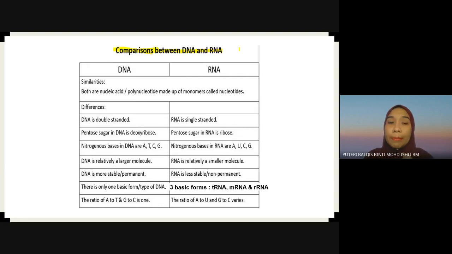Yang kedua, yang penting adalah jangan buat table form. Contoh awak nak buat table macam ni, tak boleh, salah. Itu adalah rule yang paling penting. Batch lepas punya soalan SEM 2, ada satu soalan: describe the differences between fermentation and aerobic respiration.